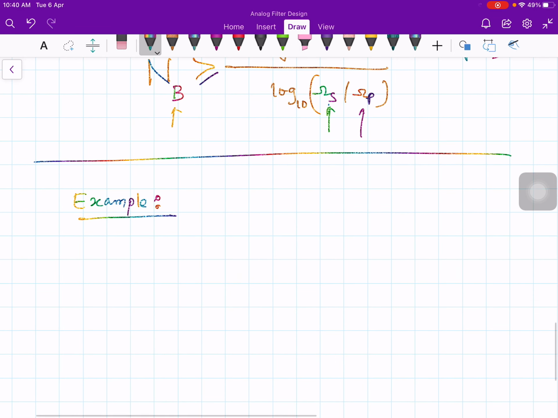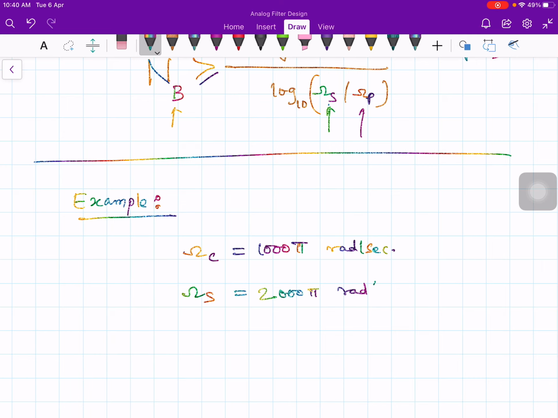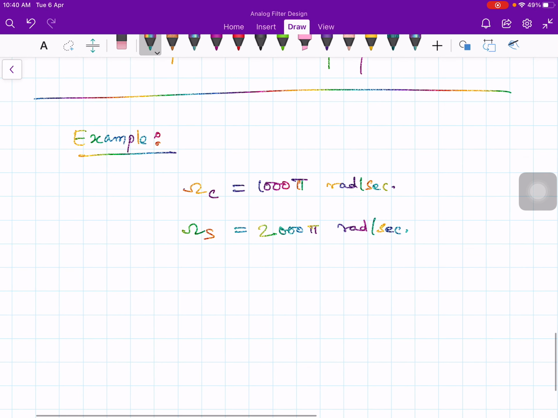Okay, now let's say omega C is equal to 1000 pi radians per second, and omega S, the stop band frequency, is equal to 2000 pi radians per second, and then the attenuation in the stop band, delta S, is greater than or equal to 40 dB.